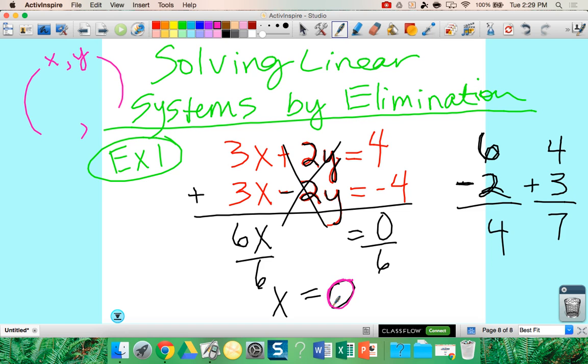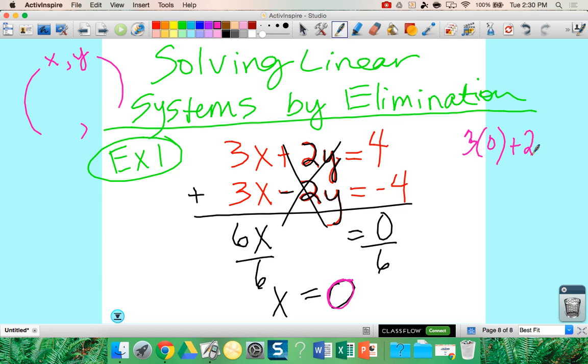Where x is? Okay. Is it going to matter which equation we use? You don't think so? You want to check? You want to see? It'll be the top. Okay, let's see. So if I substitute 0 into the top equation, it equals out. y is 2.